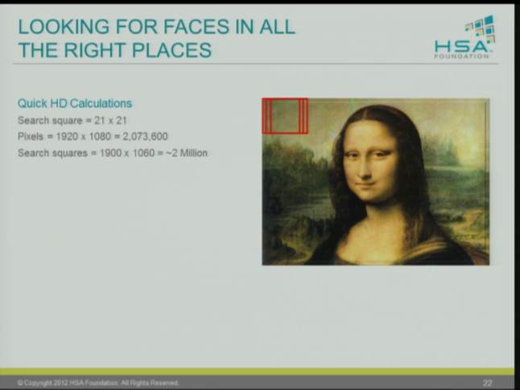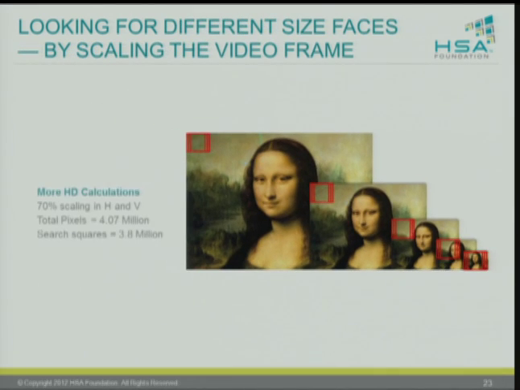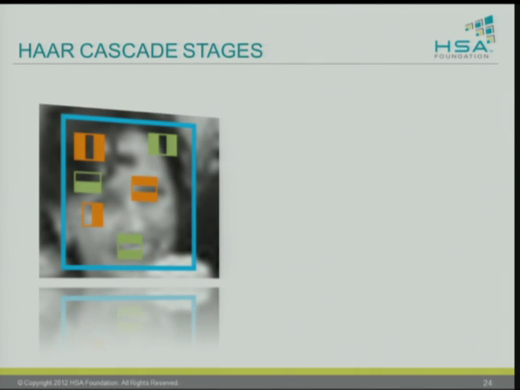The way the HAR algorithm works is it uses search squares to search across a frame of video. For a particular size search square, 21 by 21 on HD video, we're talking about 2 million search squares a frame. Then you progressively shrink the frame in order to look for different size faces, and you're at about 4 million search squares.